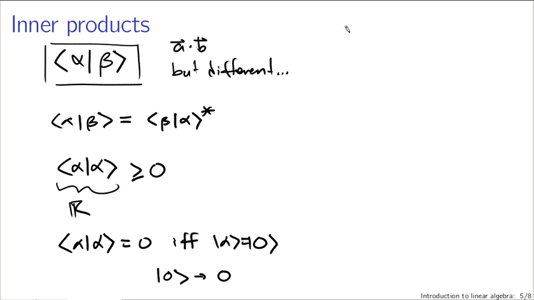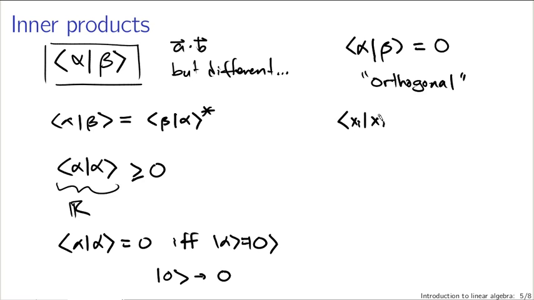We also have some familiar concepts. For instance, if I write alpha inner product with beta, and that equals 0, we say these two vectors, or states, are orthogonal. If we have a set of states, x sub i, such that x sub i inner product with x sub j is equal to the Kronecker delta ij, we say we have an orthonormal set.